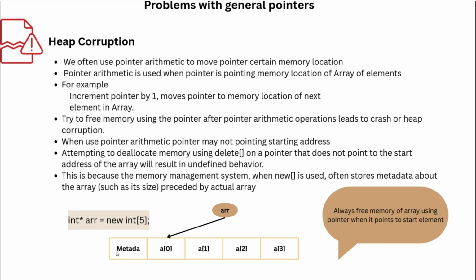The metadata is not available. So either you will get a crash, or it tries to free something, and the system cannot free the data, and this memory will be useless. No one can use this memory until your reboot; this memory is corrupted. That's how heap corruption happens when using arithmetic operations on pointers.